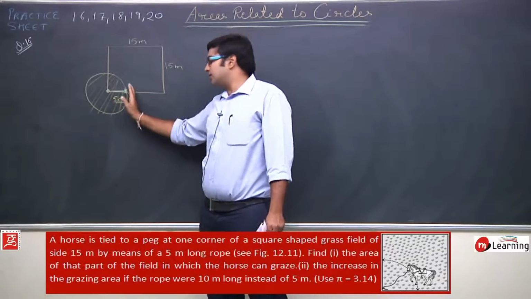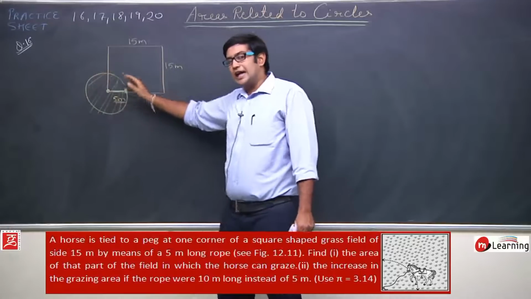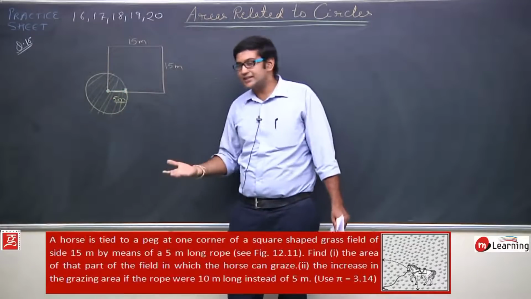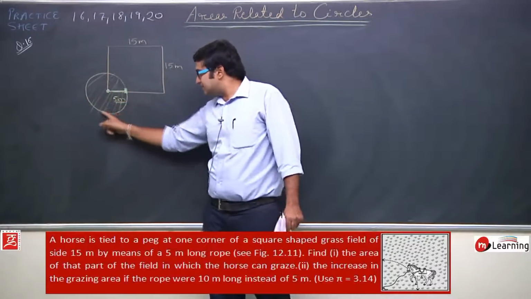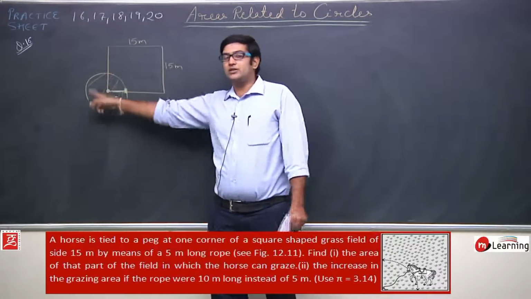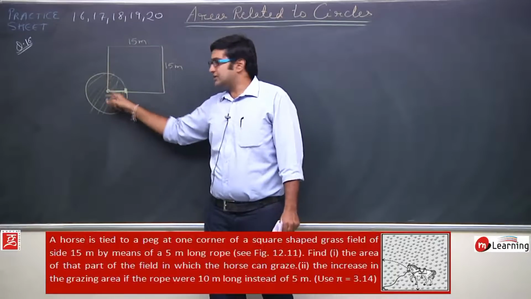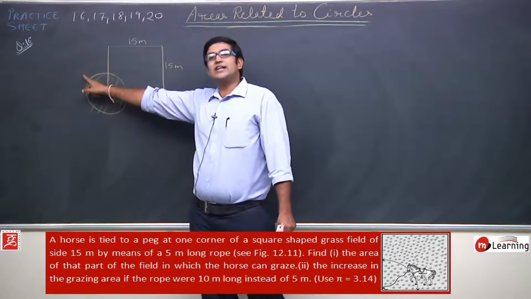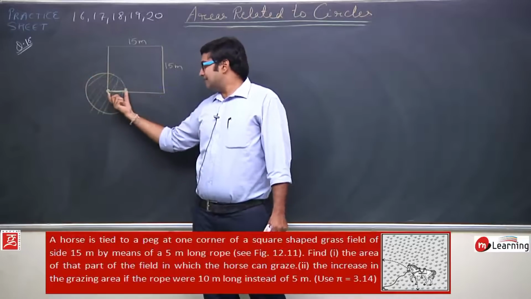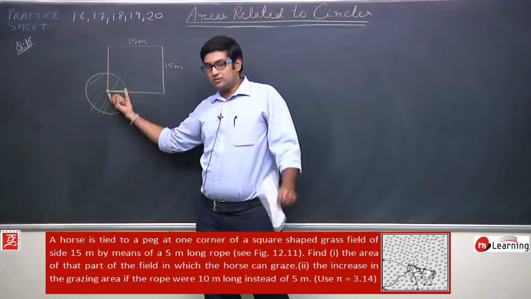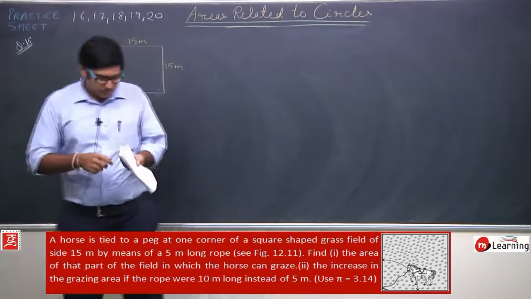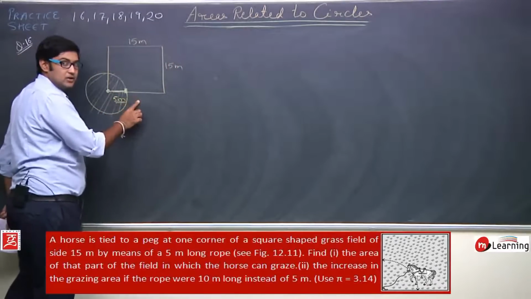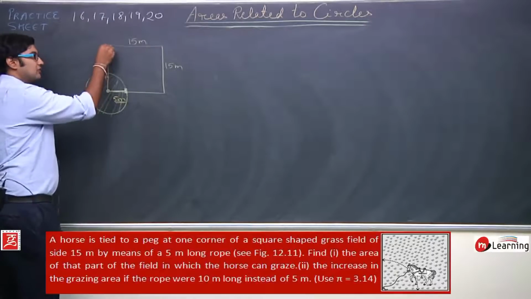If I draw the motion of the horse, it can travel on this circular path, anywhere on it, but he cannot go outside this path, because the maximum he can move is 5 meter away from the pole.